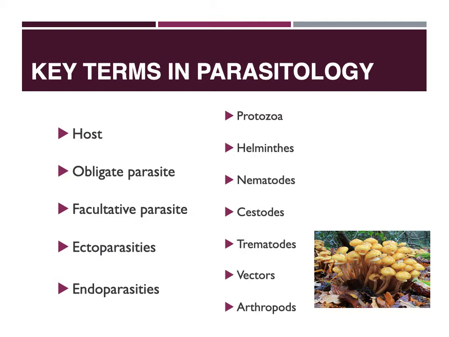And then we have vectors. Vectors are organisms that allow for transmission of the parasite to a host. A common vector is arthropods, which we would think of as insects. So these are some of the different key terminologies that we'll be talking about throughout this semester.